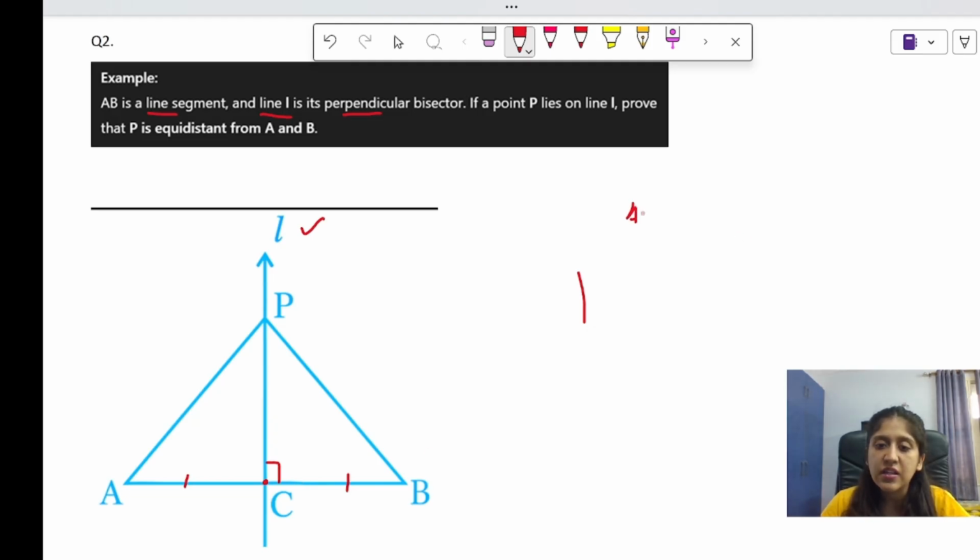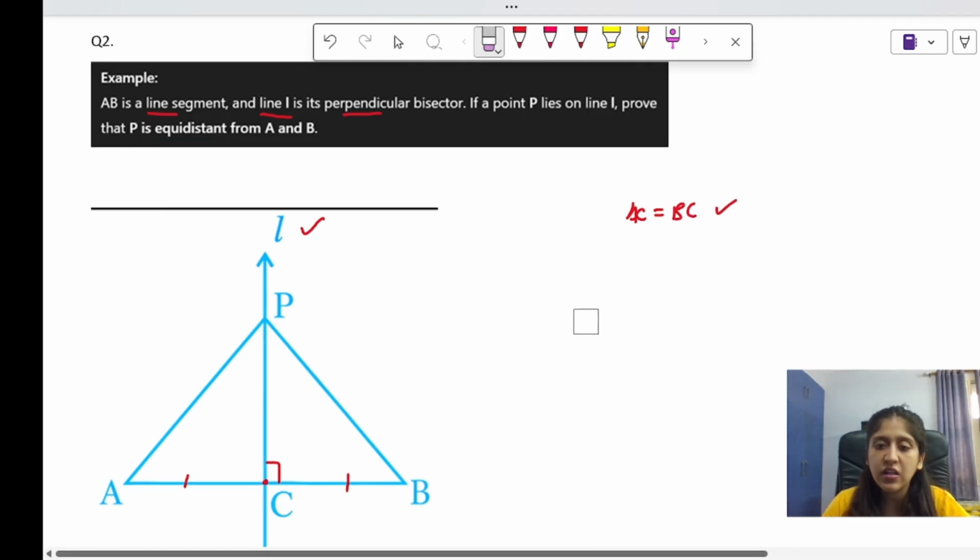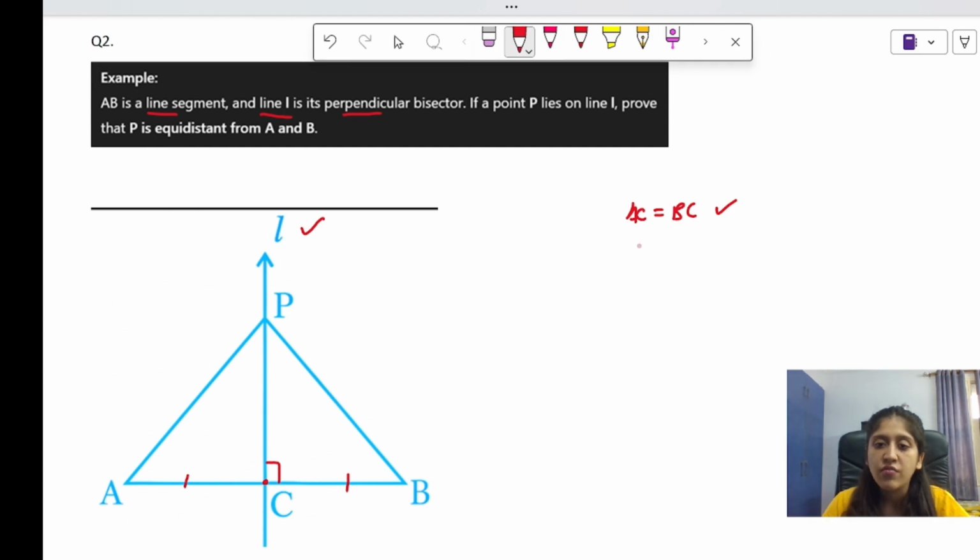What we are given is AC is equal to BC. ठीक है, हमें ये चीज given है. ठीक है, I hope this is very clear कि क्या given है in the question. We are given AC equal to BC. हमें AC equal to BC दिया हुआ है and we are given that PCB is 90 and obviously vice versa ACP is also 90. I hope diagram को देखना.